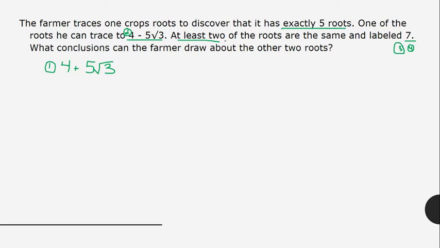So that means that there might be only 2 of them. There could be 3, 4, as many as we need. Since there's 5 roots and we have 4 of them, we only need 1 more. So another possibility here for our 5th root would be 7. So these are our 2 possible roots that the farmer can draw a conclusion about, that those might be the other 2 roots that we have.